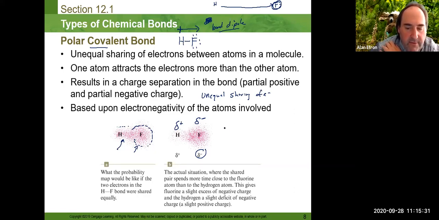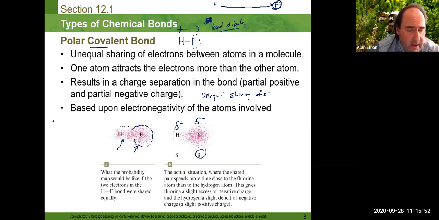So there's three types of bonds that we've talked about here. Just to put them all together so we make sure everybody's clear on the differences. First off, we started out with our ionic bond.